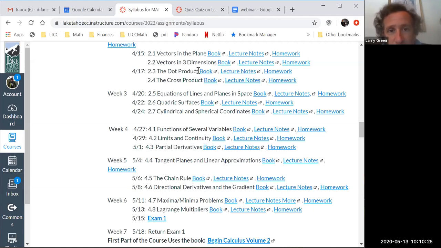For example, the dot product. If you don't know how to do a dot product, you're not going to be able to find a directional derivative. Do you see that? So this class up till now completely builds on itself. And I want to let you know, we come to a screeching halt after this exam, and we start the class over again.